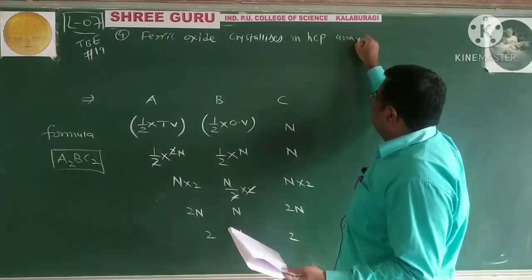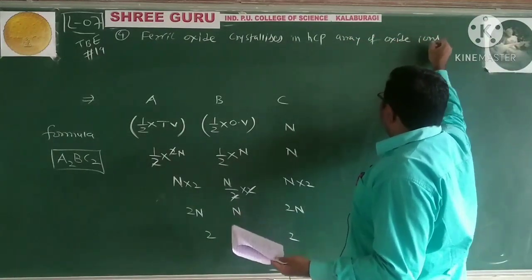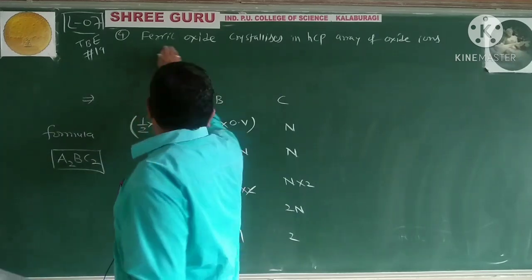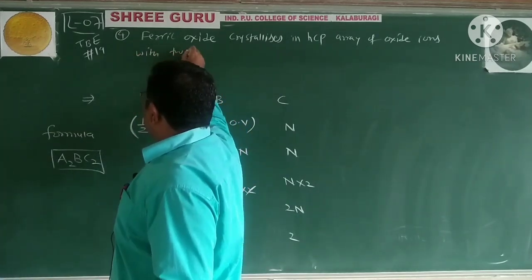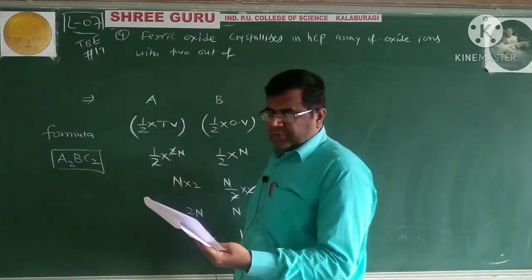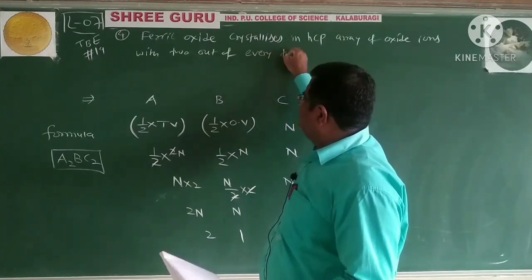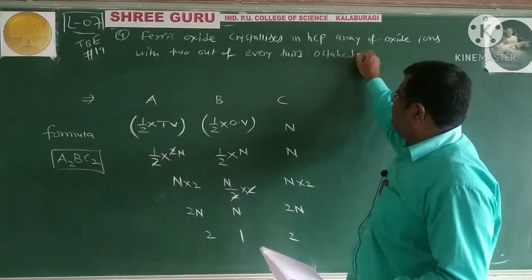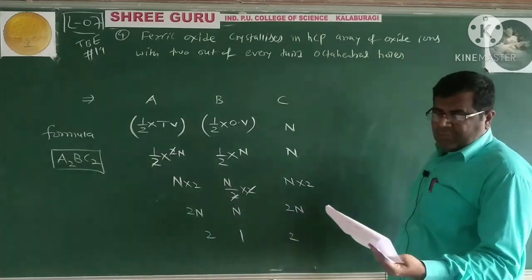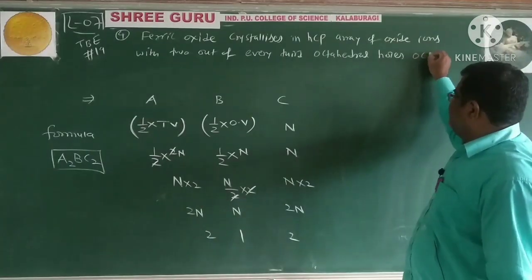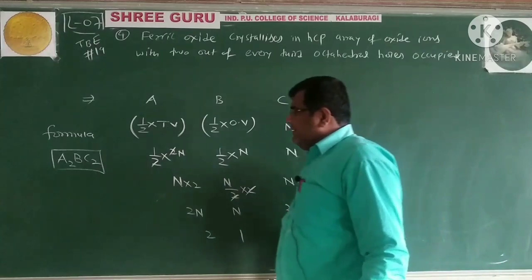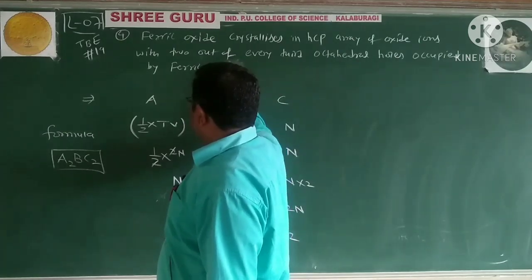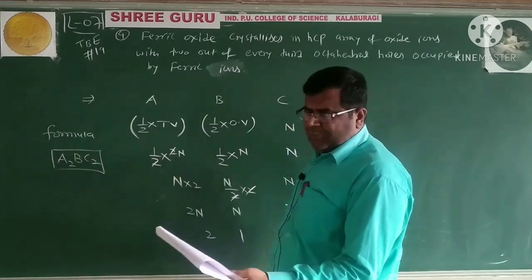An array of oxide ions with 2 out of every third octahedral holes occupied by ferric ions. Derive the formula of ferric oxide.